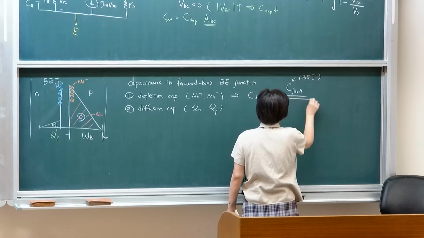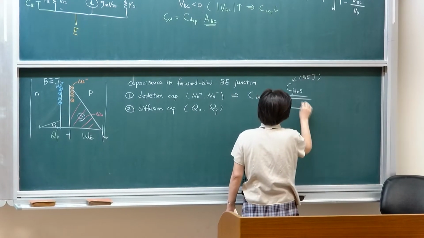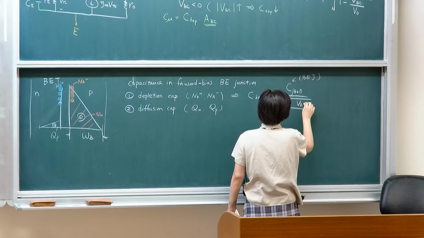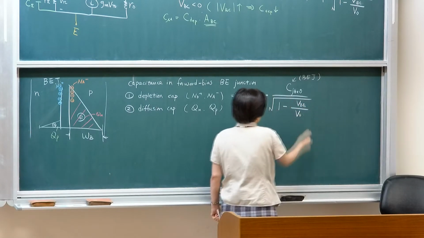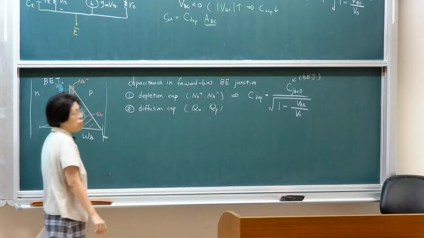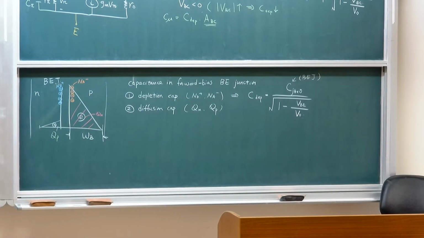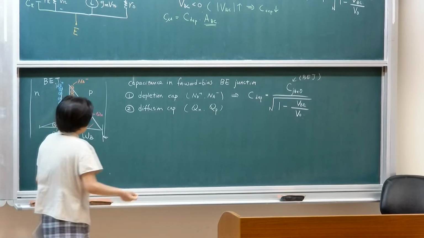And then this will be 1 minus VBE over the BE junction potential. And because VBE is forward, therefore you would actually have a much higher capacitance.